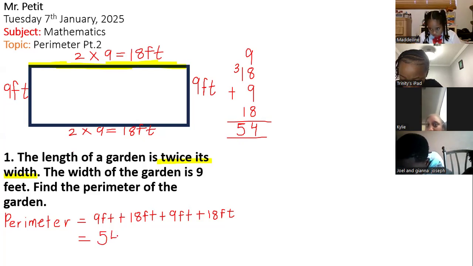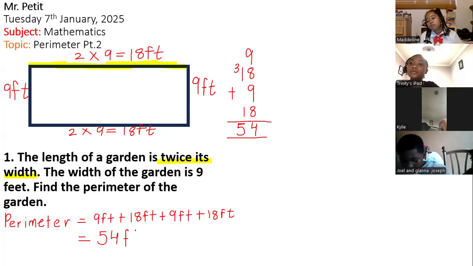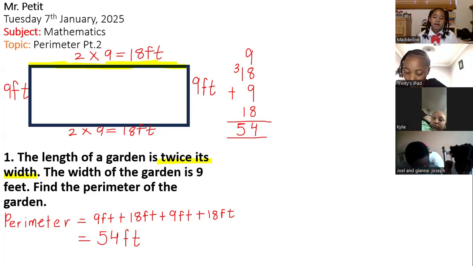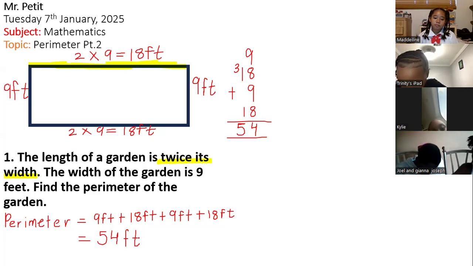All right. Does that make sense to y'all? Let me know if that makes sense. Yes, sir. Good. Where is Kylie? Kylie, do you understand how we got our answer? Yes, sir. And Madeline, can you explain how we got our answer from top to bottom? We got our answer by multiplying the width times 2.